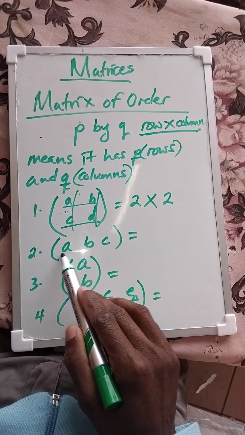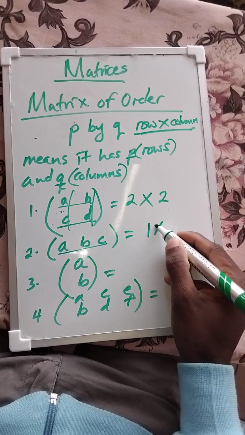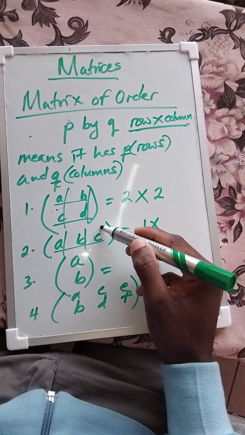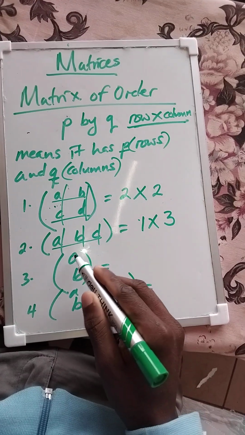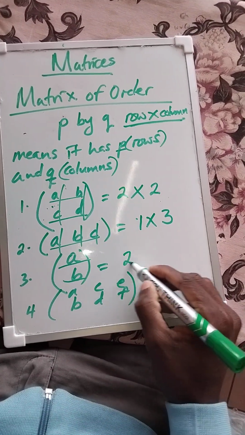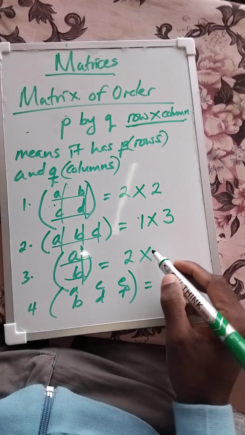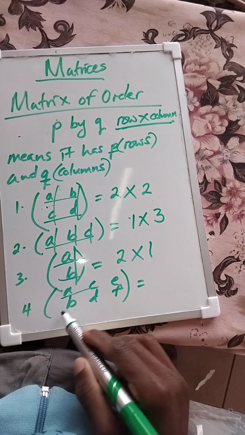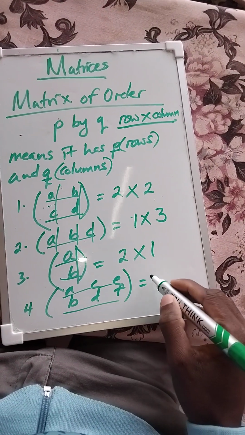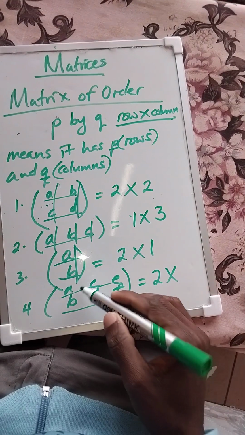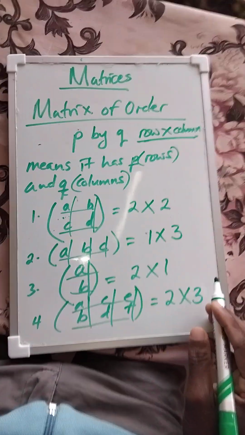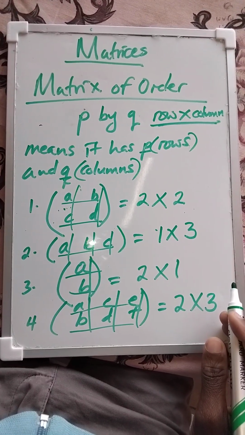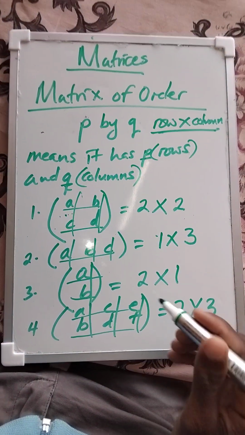Then for the next, rows 1 and columns 1, 2, 3, so 1 by 3. Then 2 by 1. Then 1 by 3. So that is rows by columns, the order of a matrix.